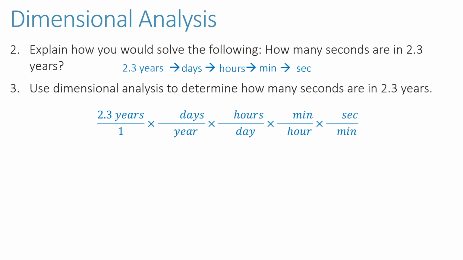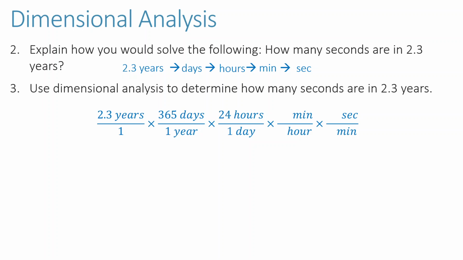So now that we have this all set up, we need to plug in our conversion factors. So this is going to be an equality statement here. So how many days are in a year? Well, we can say that 365 days is 1 year. My next conversion factor is how many hours are in a day.